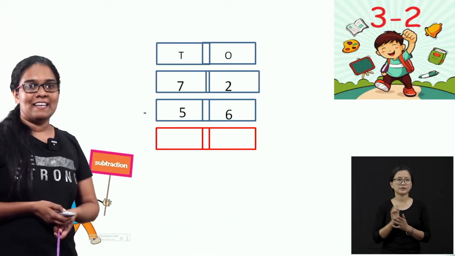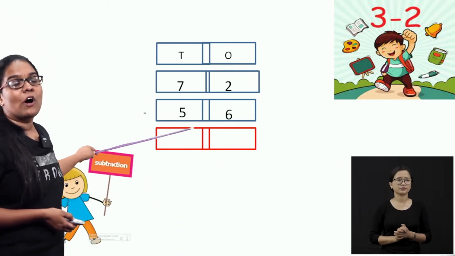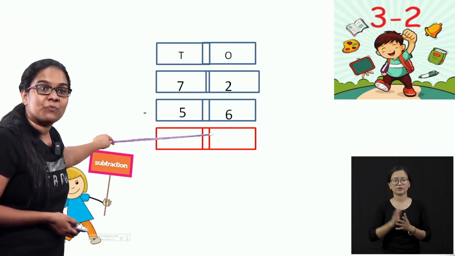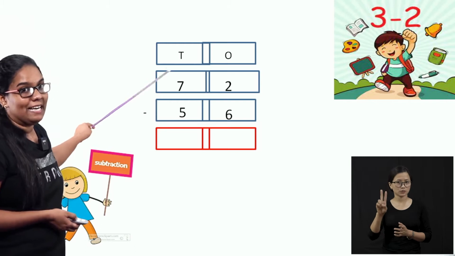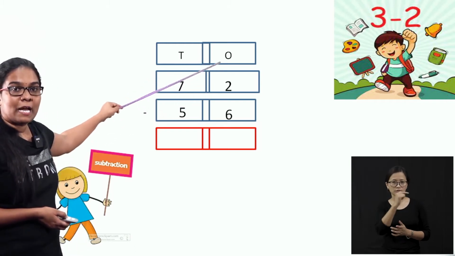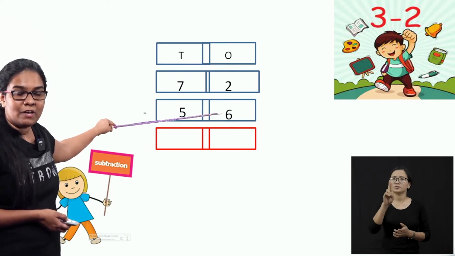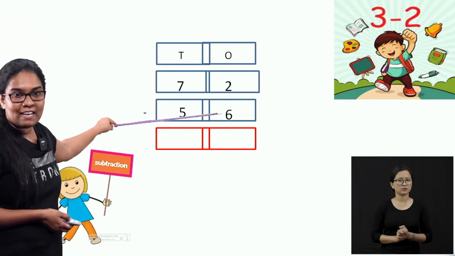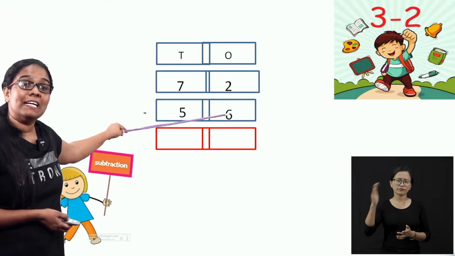Then we can check one more example. Here we are going to subtract 56 from 72. First, we are going to subtract the numbers in the ones place. Here, 2 and 6 are in the ones place. But we can't subtract 6 from 2 because 6 is a bigger number.